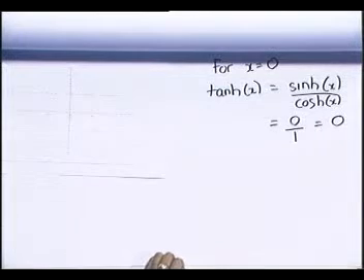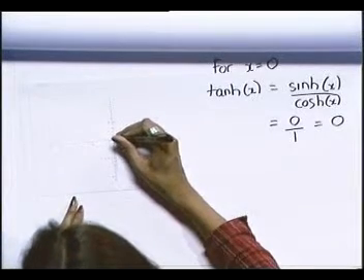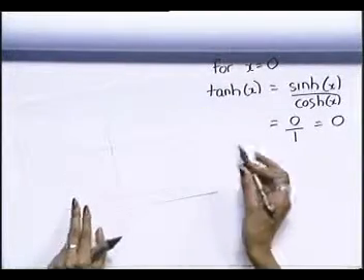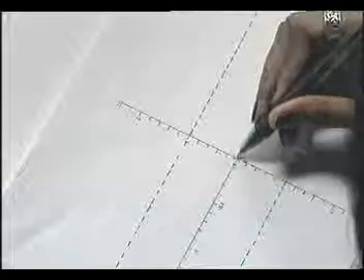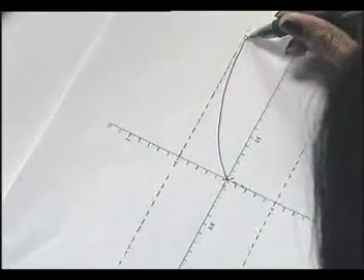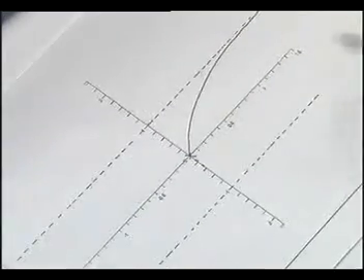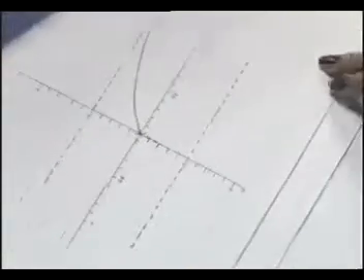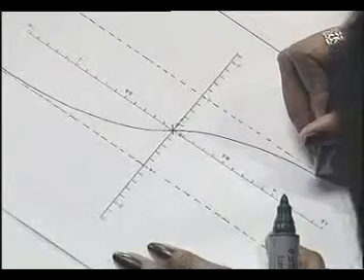Now, putting these three bits of information together, we can plot 0, 0 on there. And as x got large, tanh x got close to 1. So we can see this thing getting closer to 1. And as x got large and negative, tanh x got close to minus 1. So we can draw this going down towards minus 1.